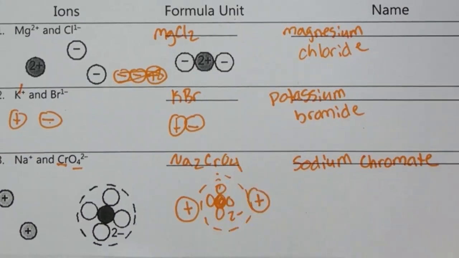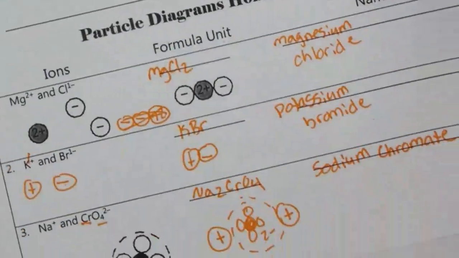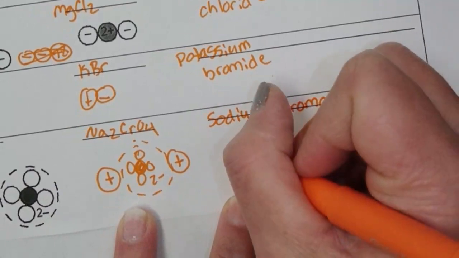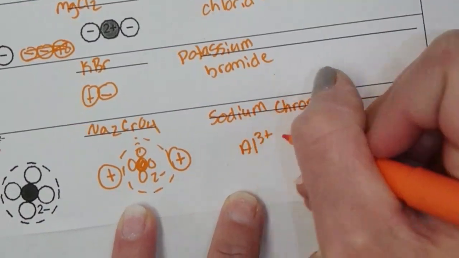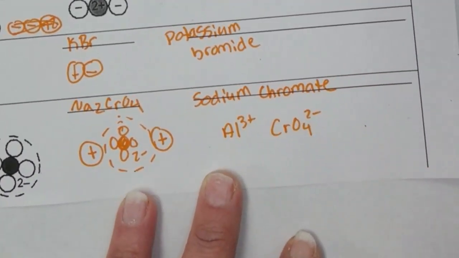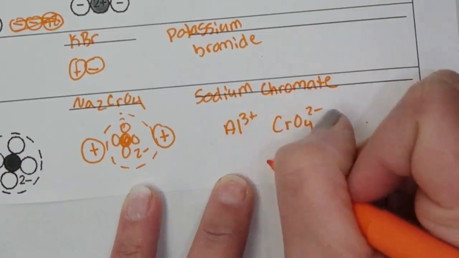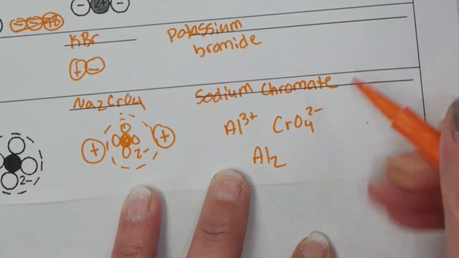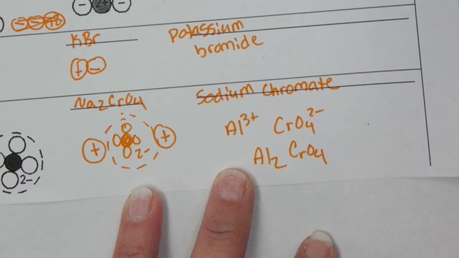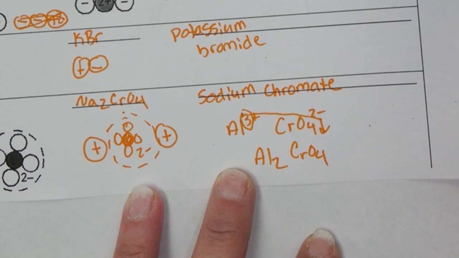Now, one additional thing. Let's say I had aluminum and chromate. Now, when I swap and drop, I end up with 2 aluminums, but I have CrO4, let's write that polyatomic ion, I have 3 of them.